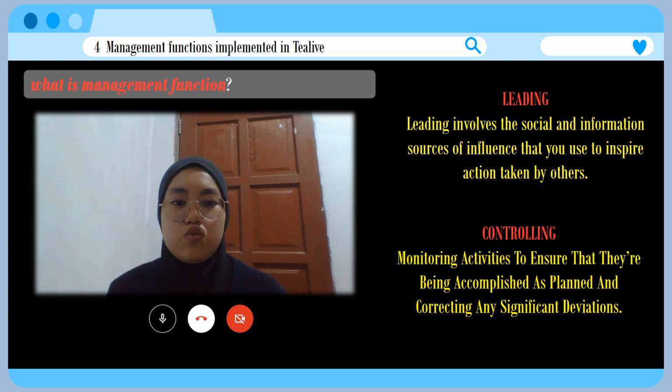So I'm going to proceed with management function number 3, that is leading. Leading involves the social and informational sources of influence that you use to inspire action taken by others. Managers must be responsible for giving inspiration and motivation to team members to do their best.